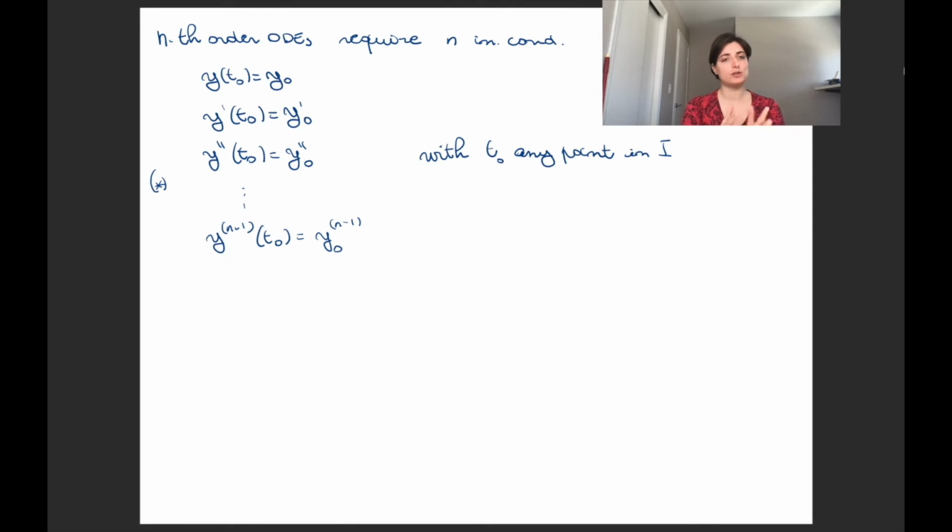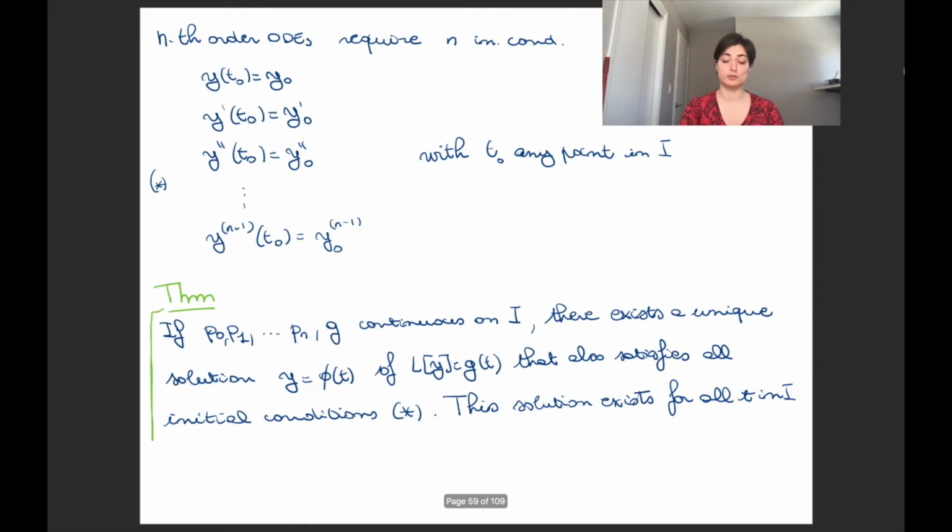And you can choose the point at which you assign the initial conditions as any t0 within the interval I of continuity of your functions. And we have a theorem, as we did for the second order ODE, that states that if everything is continuous on an interval I, there exists a unique solution.